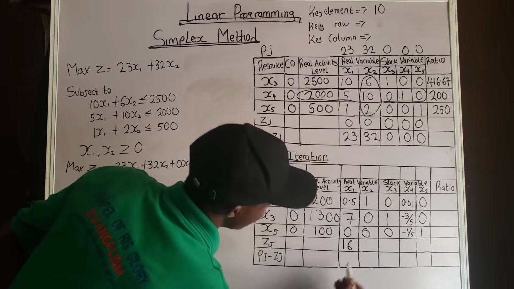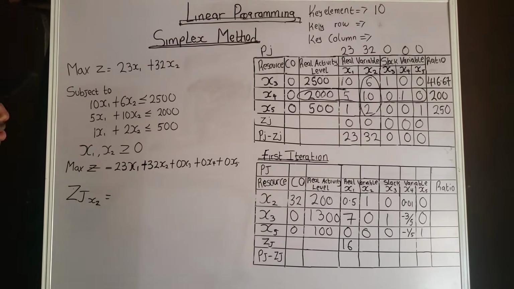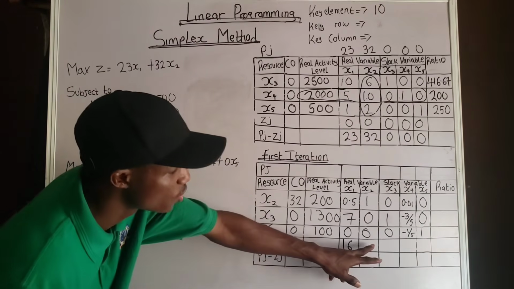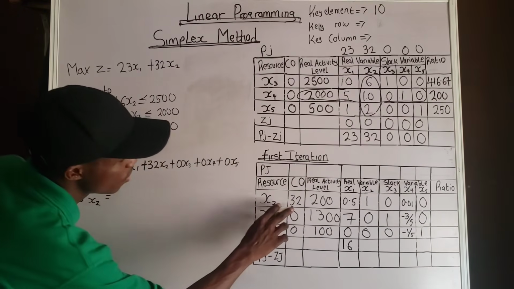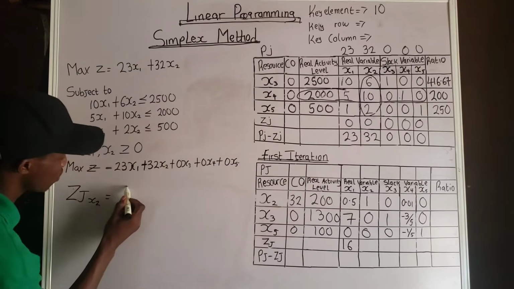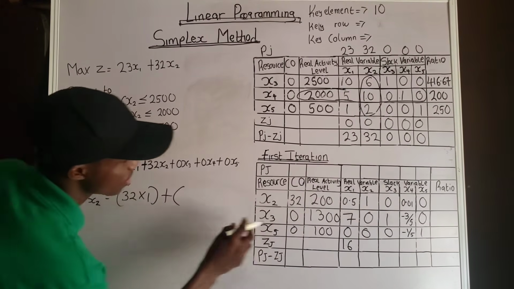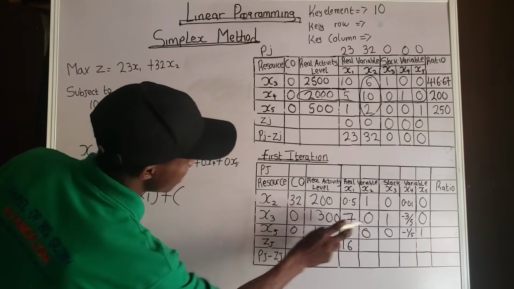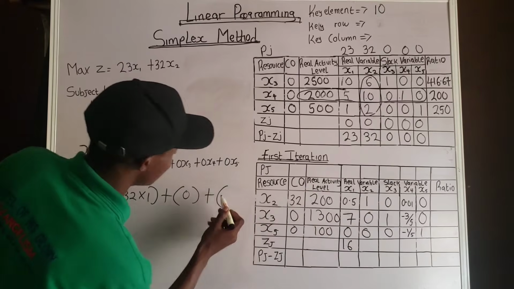16. Do you understand? So let's get the zj of x2. To get the zj of x2, which is the value of these cells, I'm going to have 32 multiplied by the corresponding variable of x2. That is 1. 32 multiplied by 1 plus 0 multiplied by 0, that is 0, plus 0 multiplied by 0, that is also 0.